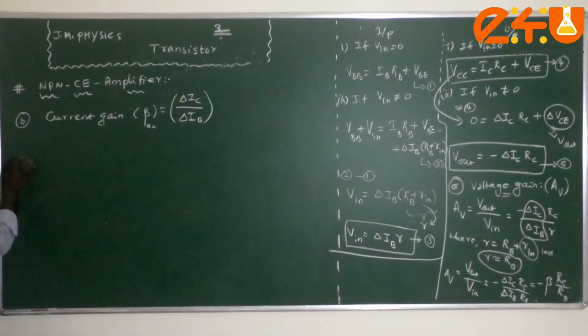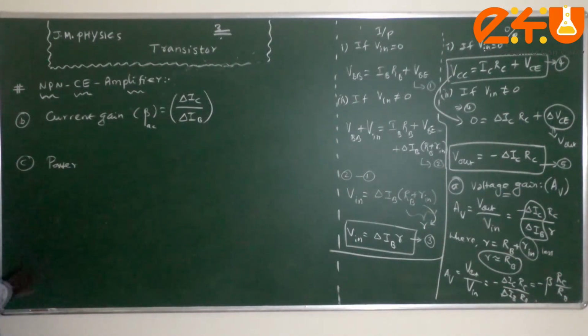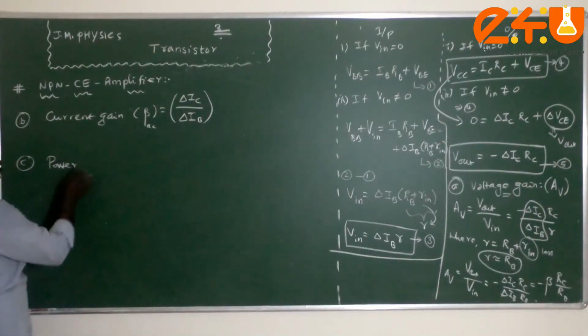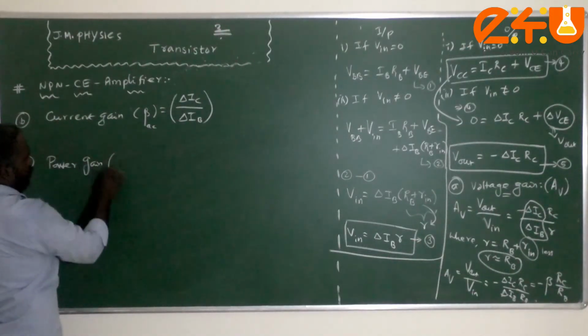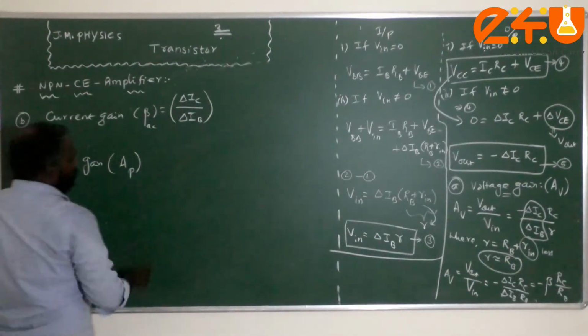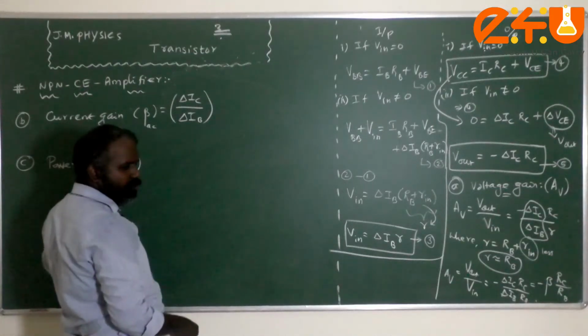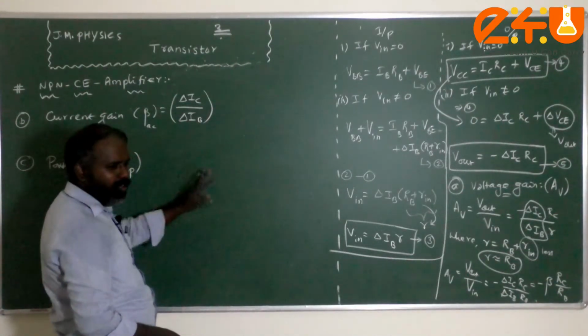As the third one, I am going to write the power gain of the transistor amplifier. So power gain, or AP, that is power amplification. Generally electric power means voltage into current. Since I am talking about gain, power gain is voltage gain into current gain.